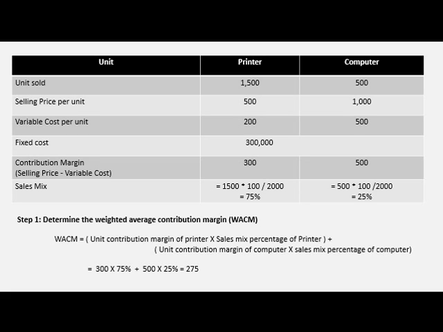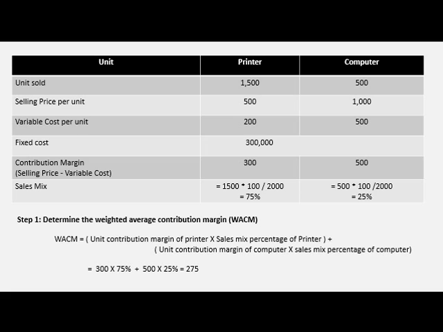As a first step, we determine the weighted average contribution margin. Weighted average contribution margin is unit contribution margin of printer multiplied by sales mix percentage of printer, plus unit contribution margin of computer multiplied by sales mix percentage of computer. For this case it is equal to 300 multiplied by 75%, plus 500 multiplied by 25%.